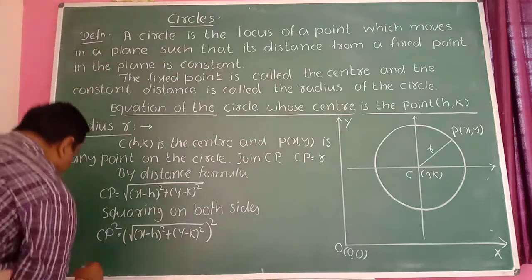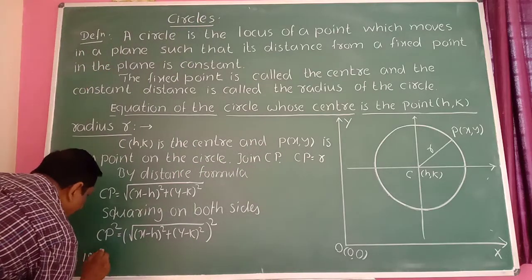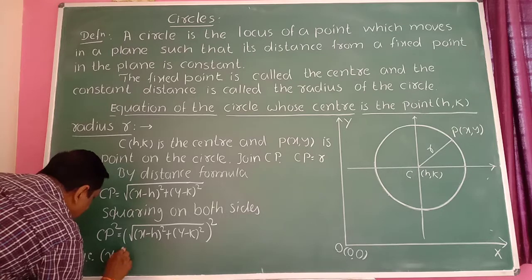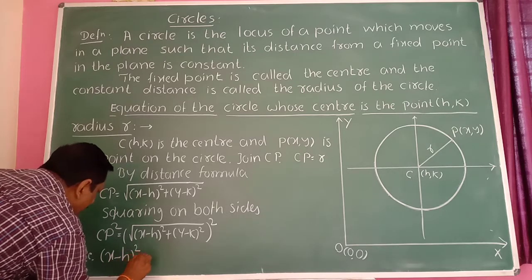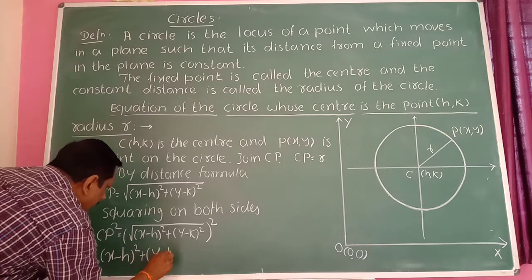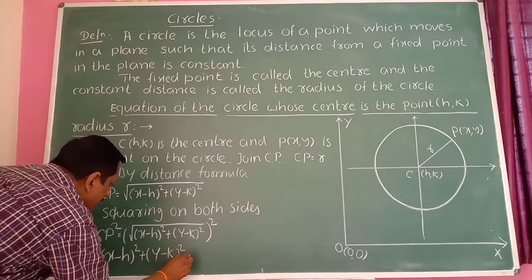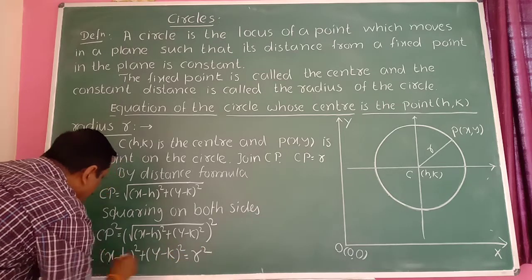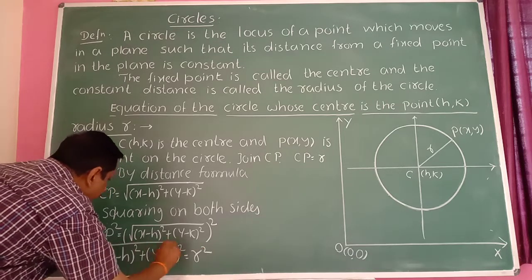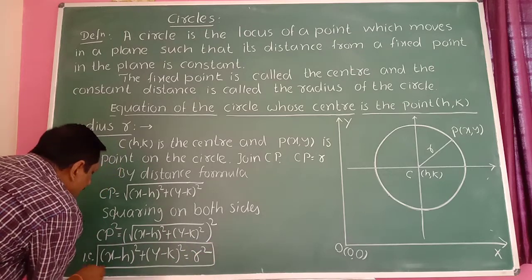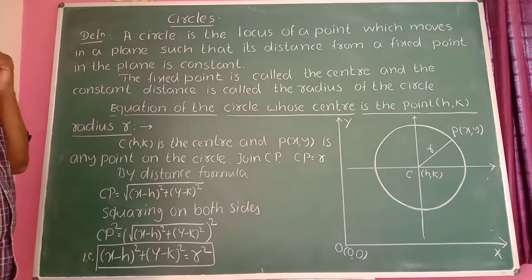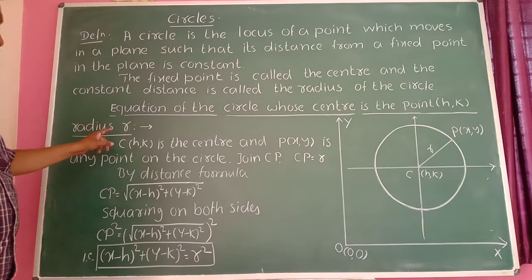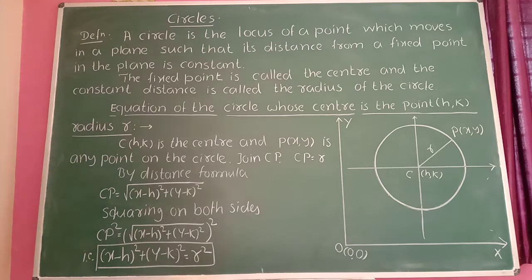Therefore we can write (x minus h) whole square plus (y minus k) whole square is equal to r square. So this is the equation of the circle whose center is (h, k) and the radius is r.